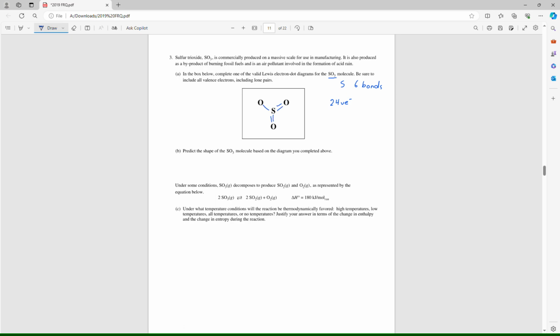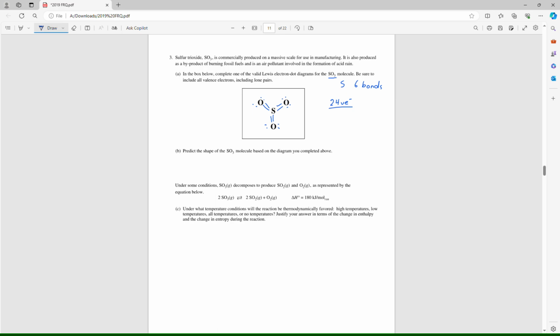I think the simplest is this. Oxygen loves to have a double bond, so why not just give it a double bond? If we count up all of these, this is 2, 4, 6, 8, 10, 12, 14, 16, 18, 20, 22, 24. So we reached our 24 valence electrons.